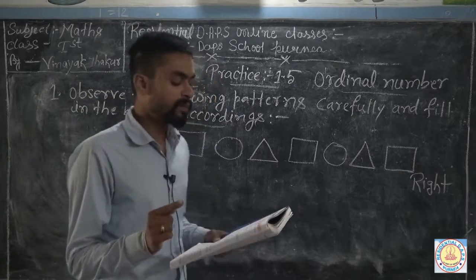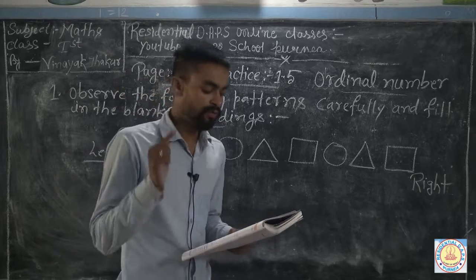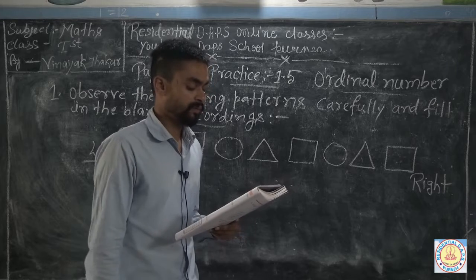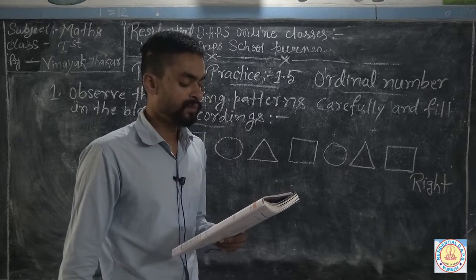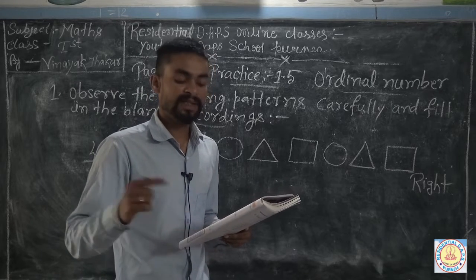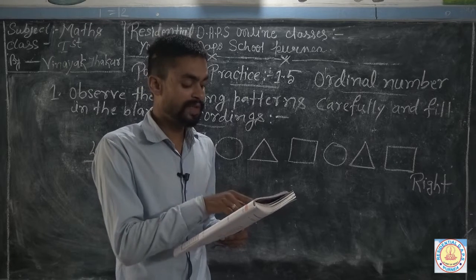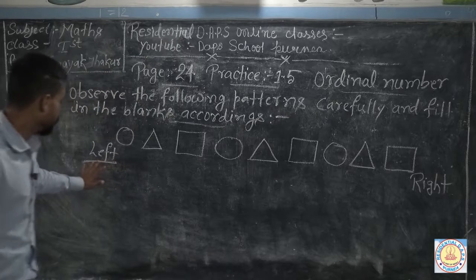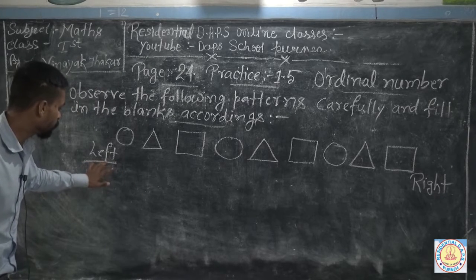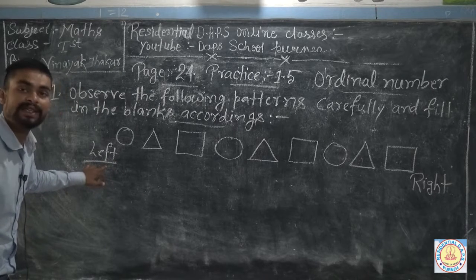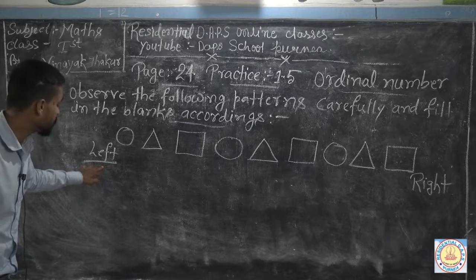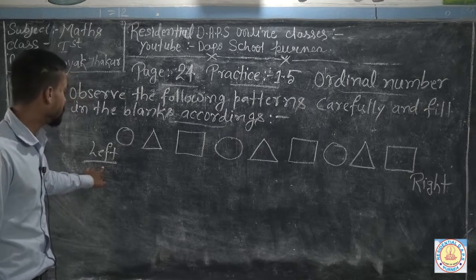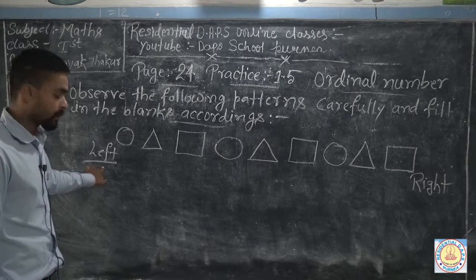In your question number first, the first question says: fourth shape from left end is. So you have to find your fourth shape from your left end. This is your left end, so from your left end you have to find your fourth shape.